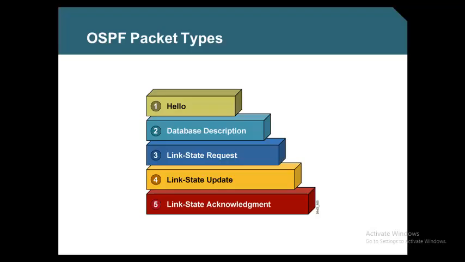The second packet type is database description, DBD. Database description is actually the database getting shared from one OSPF router to another neighbor OSPF router. That's why it is database description.